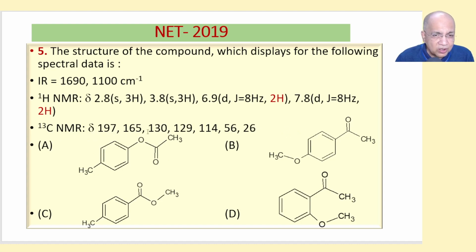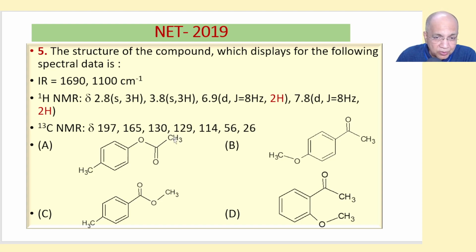Just to count the number of peaks in the decoupled NMR spectrum: 1, 2, 3, 4, 5, 6, 7. Now can you tell me how many non-equivalent carbon resonances these 3 compounds give? I tell you, it is 7.